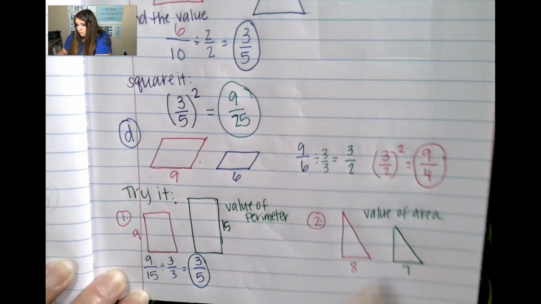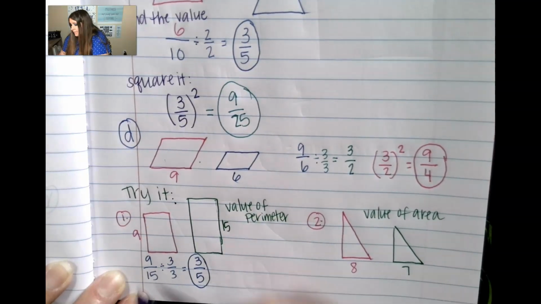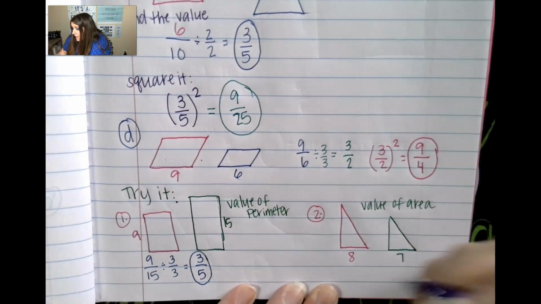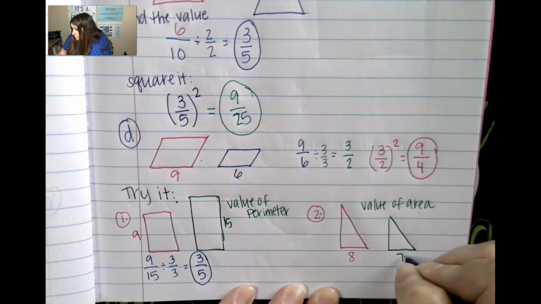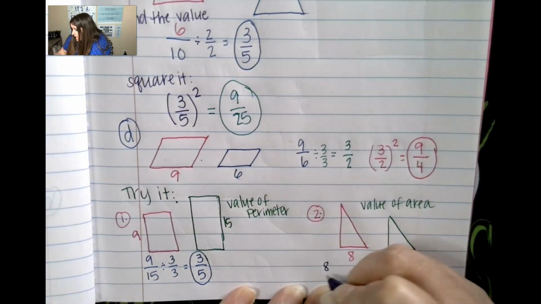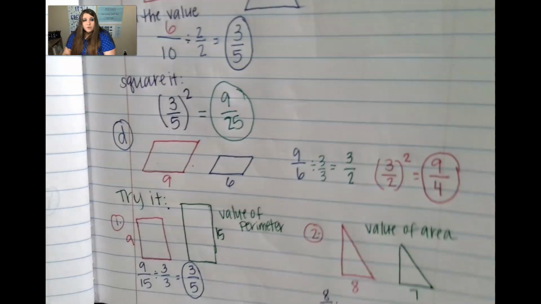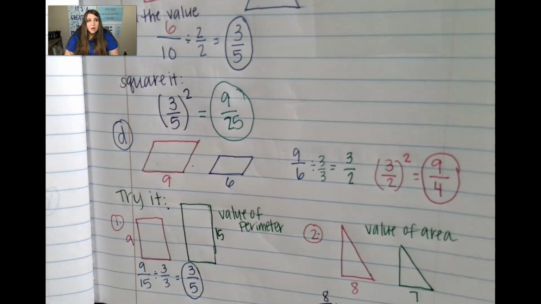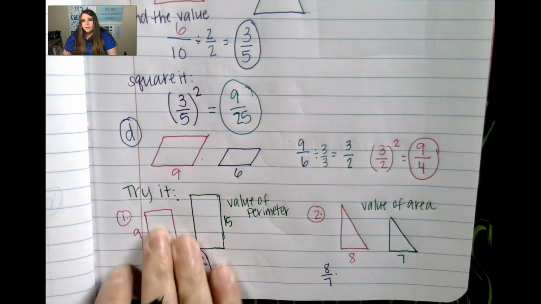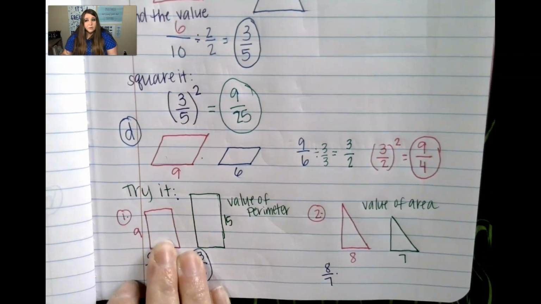Now we're going to check this one, the value of the area. Same process, and then I have to square it. I'm comparing the two. It's 8 over 7. Does that have a divisor? It doesn't have anything that can go into both of those.